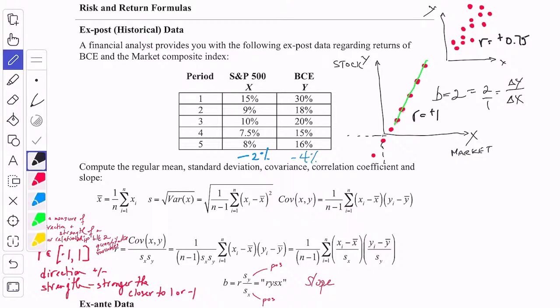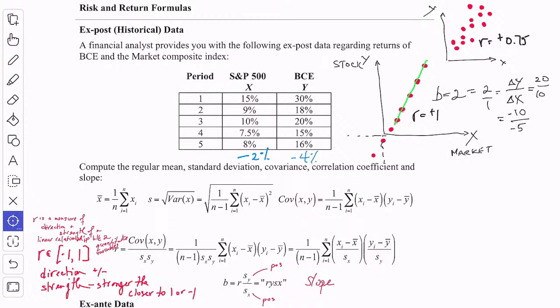So if I moved 10, I would have to go 20 up. Or if I moved -5, I would have to go negative 10 down, sorry, to get back on the line. Those are all in the same ratio. So if I'm here and I move negative 5 to get back on the line, I have to move down negative 10.